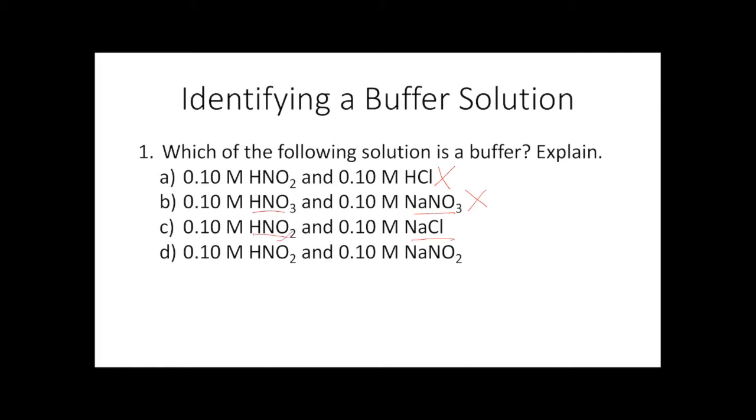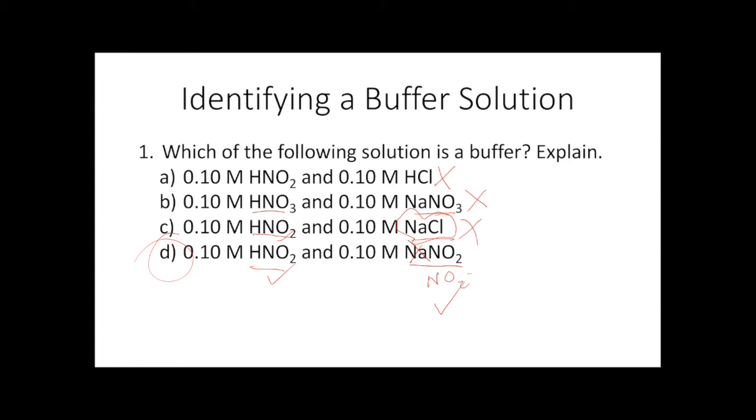Okay, weak acid, hooray, that works. However, this is a salt, not a base, and not the conjugate. Nope. HNO2, weak acid. NaNO2, get rid of that guy. NO2 minus 1. Conjugate base, hooray.